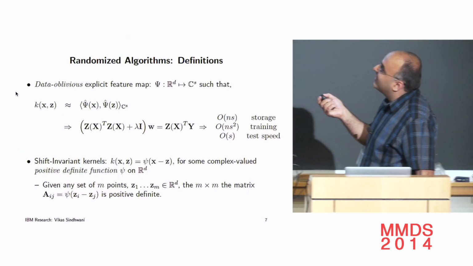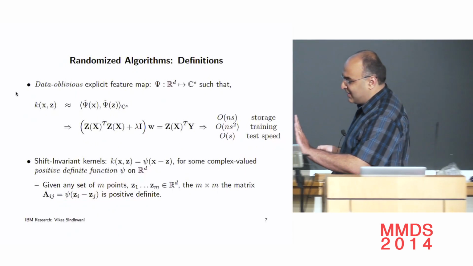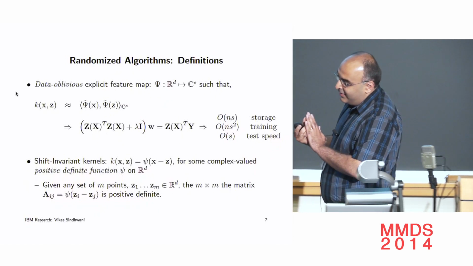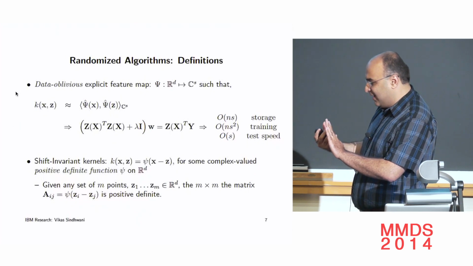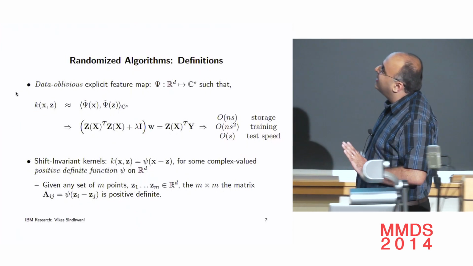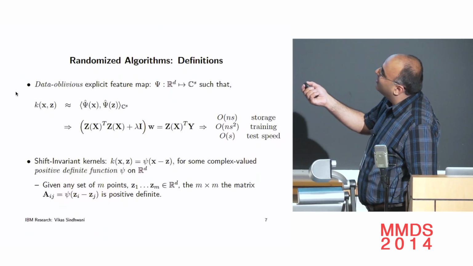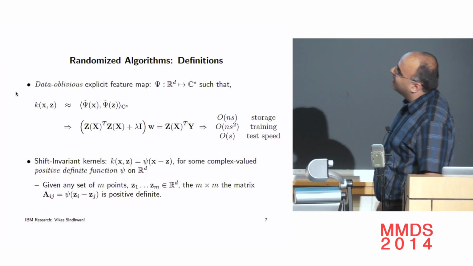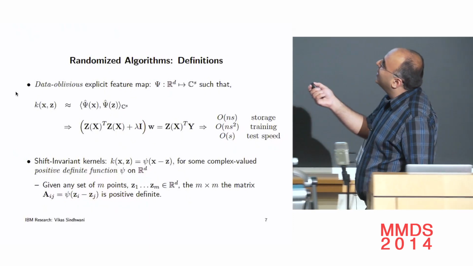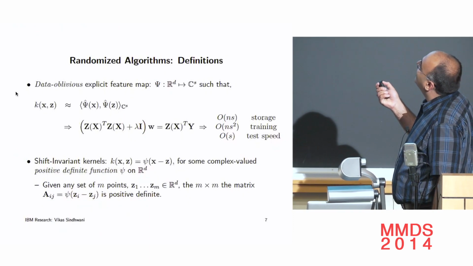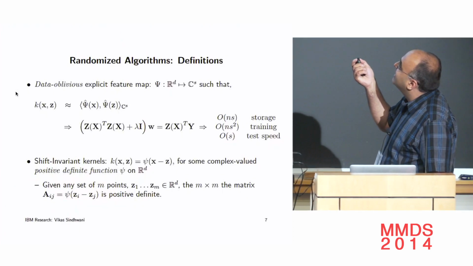So basically having access to such an explicit feature map lets you take your original data matrix, which is X, apply this transformation psi, and arrive at a new matrix, which is Z of X. So this matrix Z is actually implicitly a function of X. And now this is a linearization mechanism, because once you have this Z matrix, you can go back to just doing linear modeling on this data matrix Z. So depending on s, the embedding dimensionality, you can improve your storage and time.